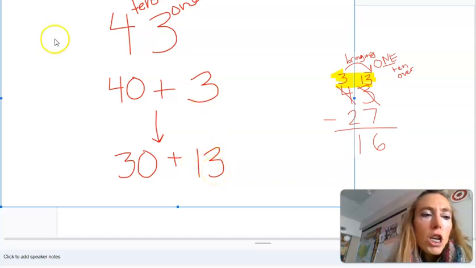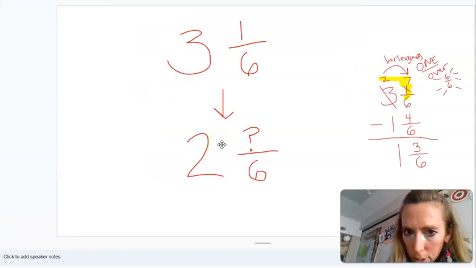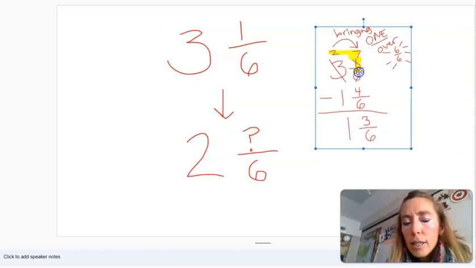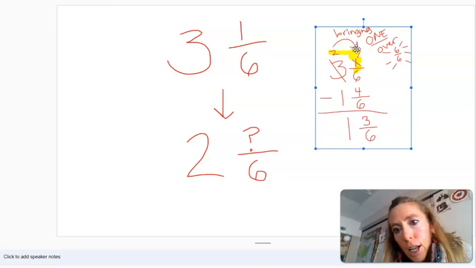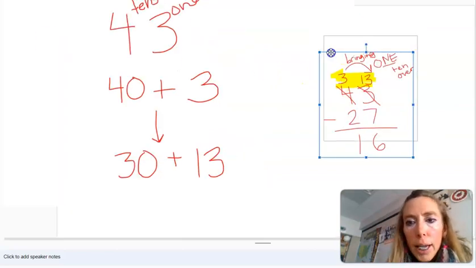Okay? So now let's look at what happens with mixed numbers. So over here, the one I had you look at before, when we regroup and we cross off the 3 and we put a 2, what are we bringing over? That's the question. Well, we're bringing 1 over, just like we brought 1 over right here.